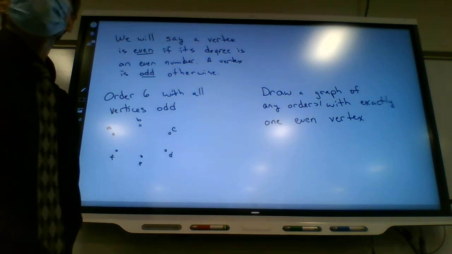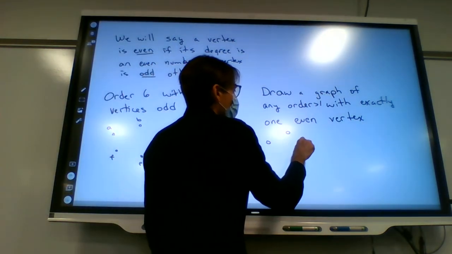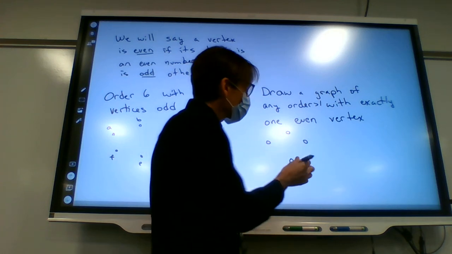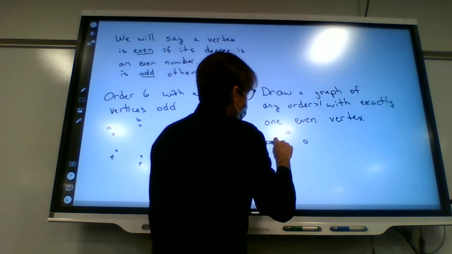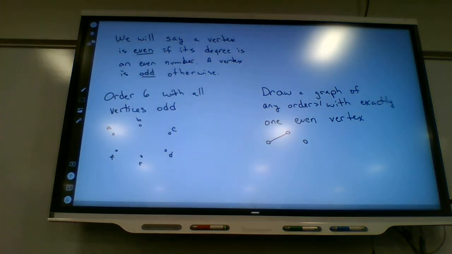What did you draw? I drew 3 vertices with 1 edge. All right. 3 vertices with 1 edge. What degrees do we have? 1, 1, 1, and 0. And that does it.